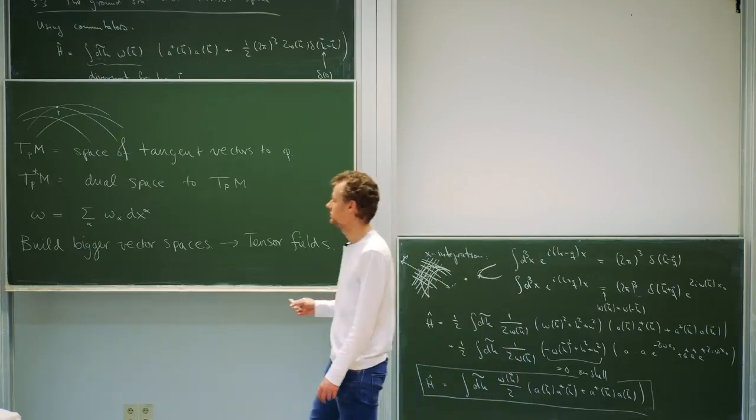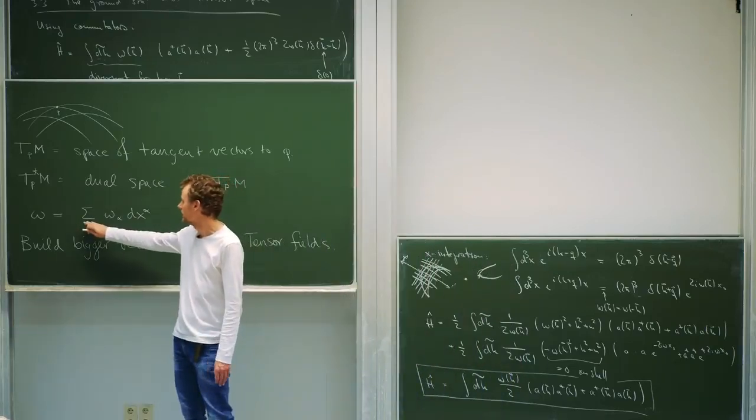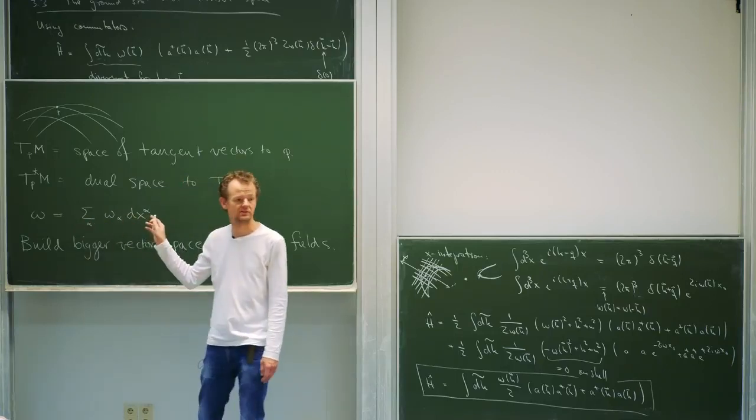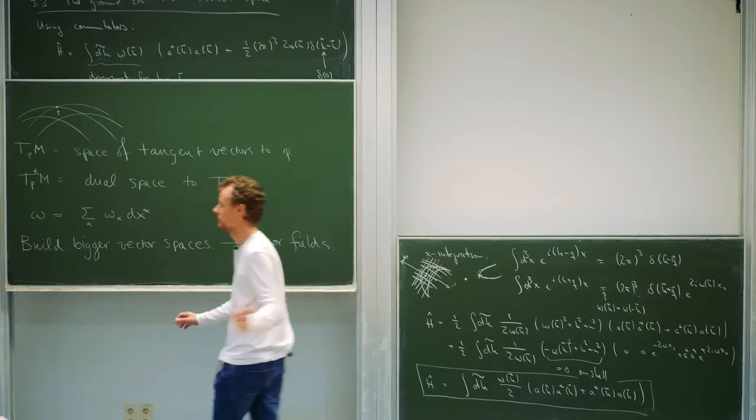So we're going to do that presently, but before I do so, I just want to make one comment about the definition of a one-form and this basis here, and how this basis transforms if you change the coordinate chart that you use to define the one-form.